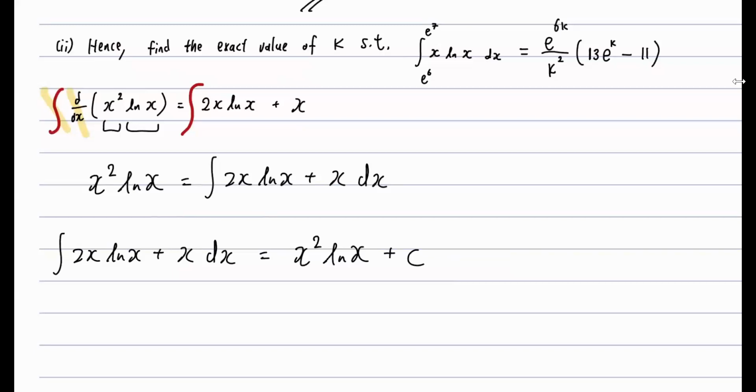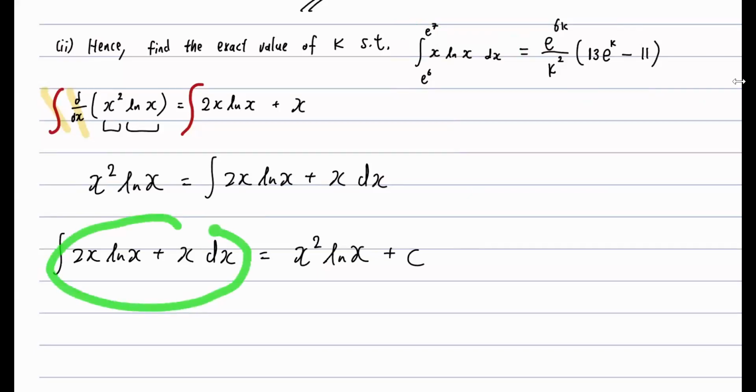Let's take a look at the right hand side. Look at the equation here. What do you see on the left hand side? This is almost the same, not exactly.